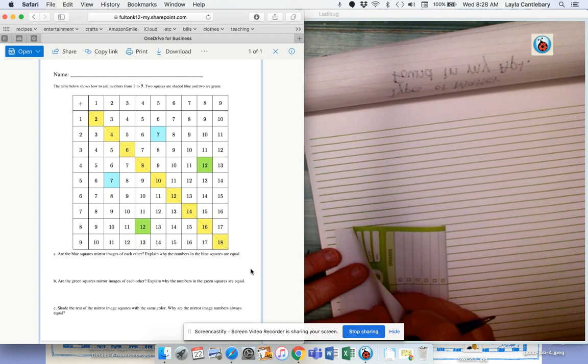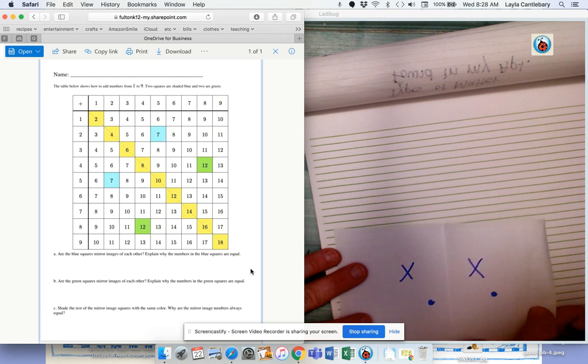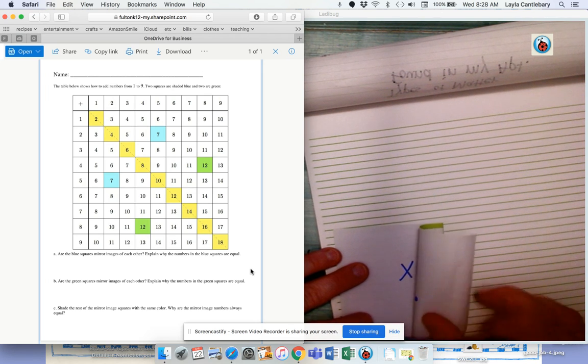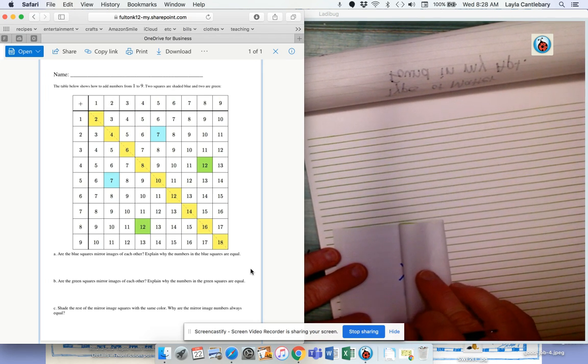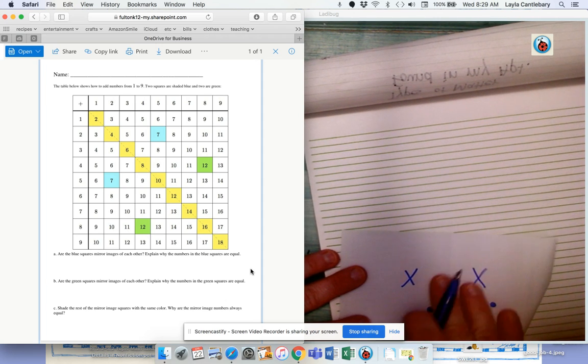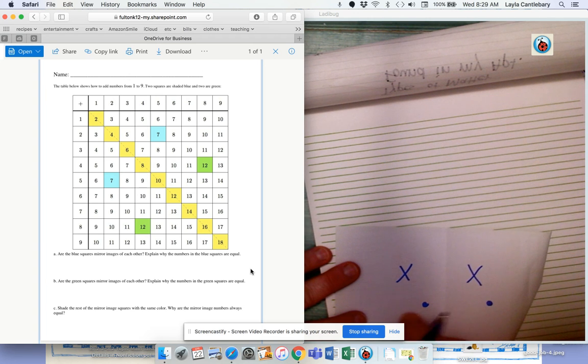If I fold it in the middle, they will not match up. Do you see how this one's further over than this one? If I folded them over each other, they wouldn't meet. So because of that, the X's are indeed mirror images of each other, but not the dots.